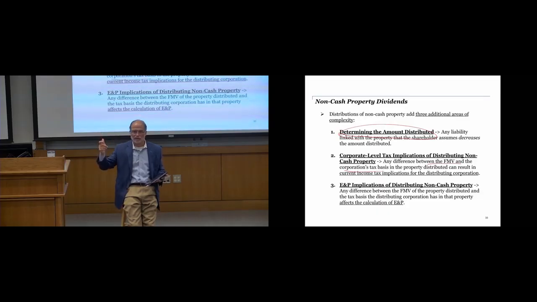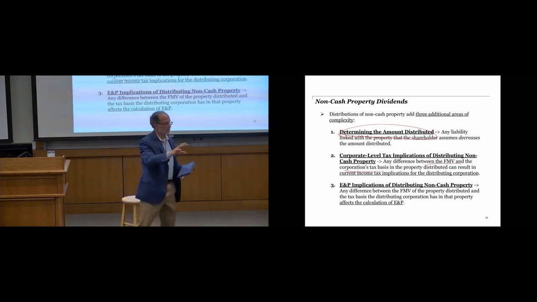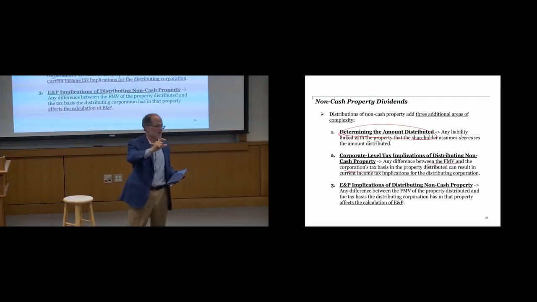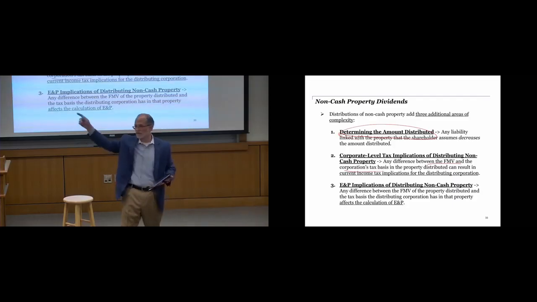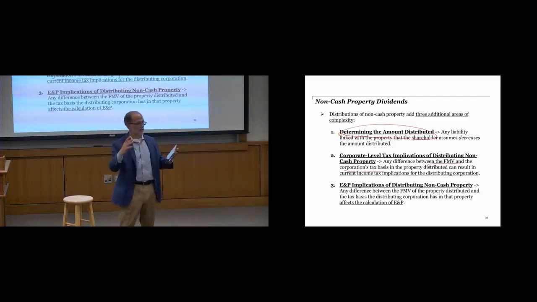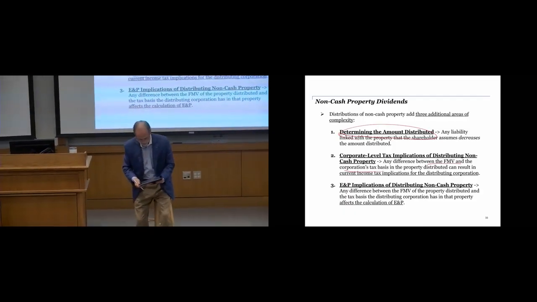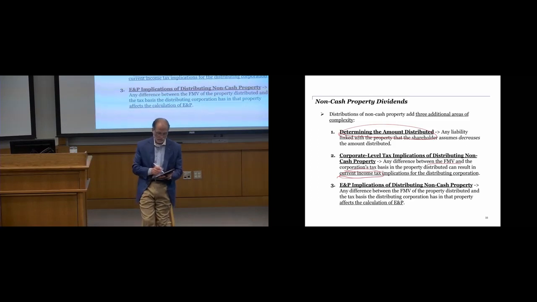The corporation, being a separate taxpayer, can't take an asset that it has a gain in and distribute it. It would pay tax on that just like if it sold it for cash to a third party. It's its own taxpayer, with its own tax return and tax responsibilities. So that can result in current income tax implications. That's different than cash, because I don't have gain or loss in US dollars.